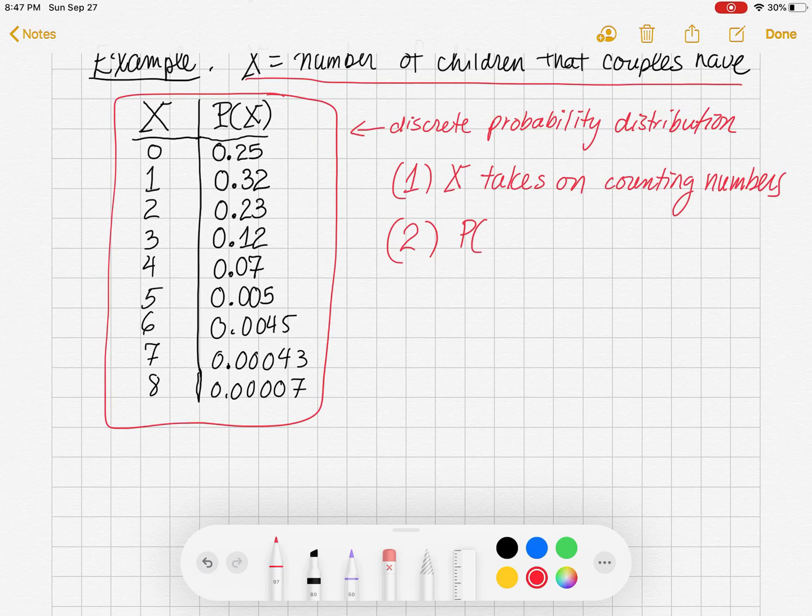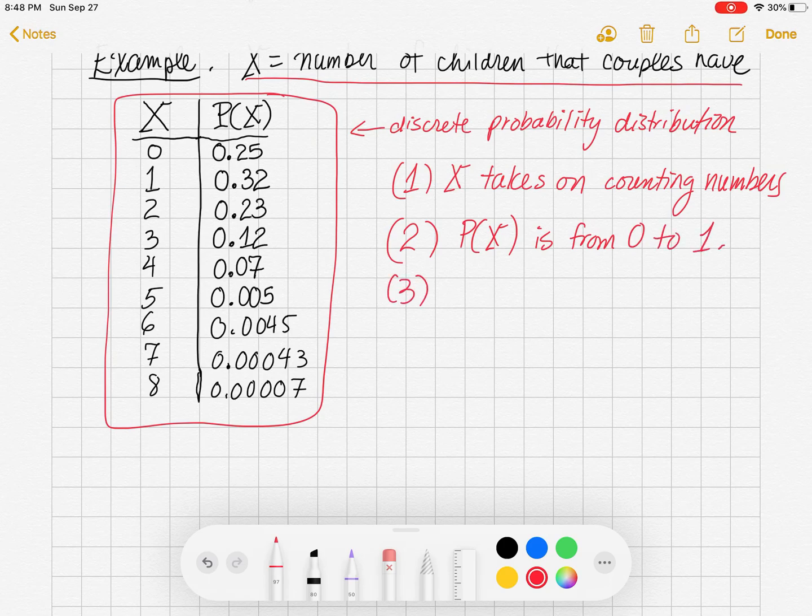Number two, if you look at the probabilities, the P of x, the probabilities are never negative and they're never bigger than 1. Remember, probabilities are always from 0 to 1. We said that earlier in our introduction to probability, I think back in 4.1. So P of x is between 0 and 1.